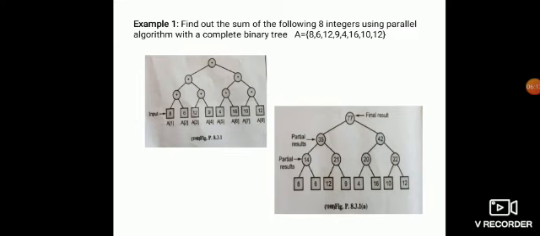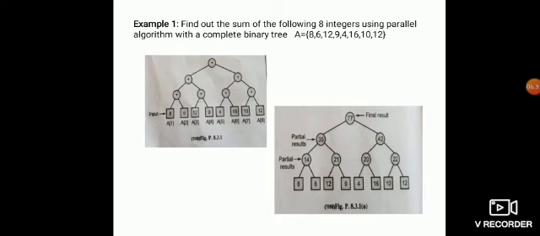After that, in figure 8.3.1, we add the leaf nodes partially to get partial results. It means 8 plus 6 is 14, and the partial result is placed at the parent node.